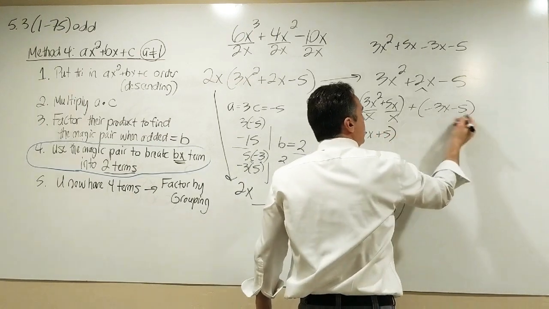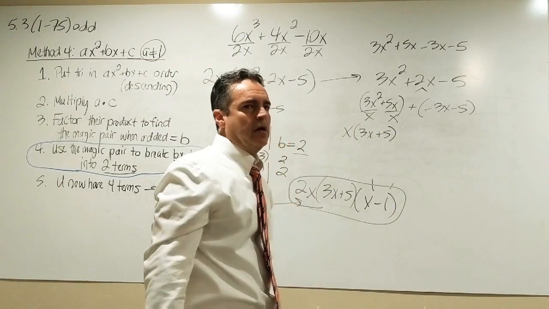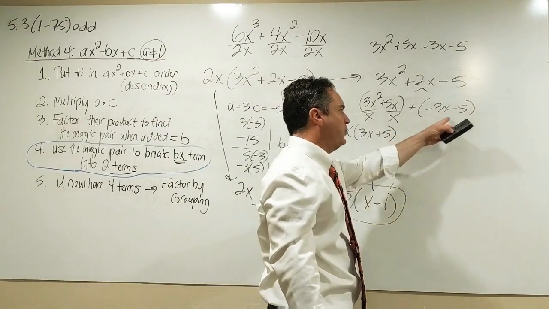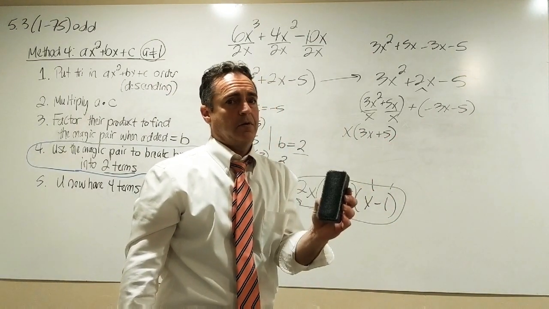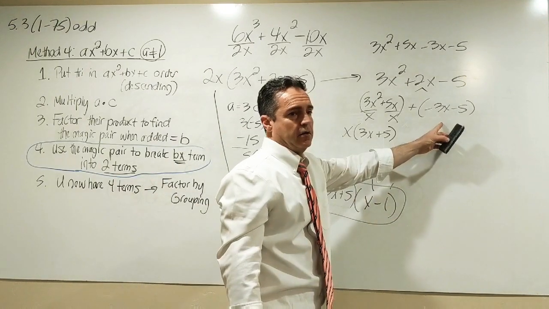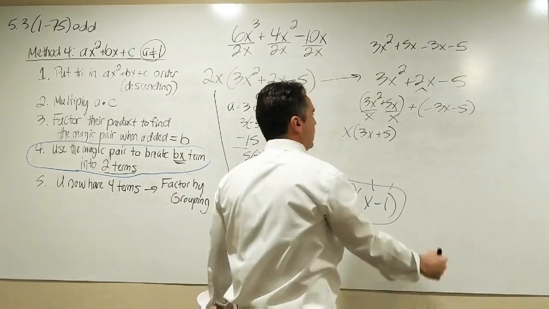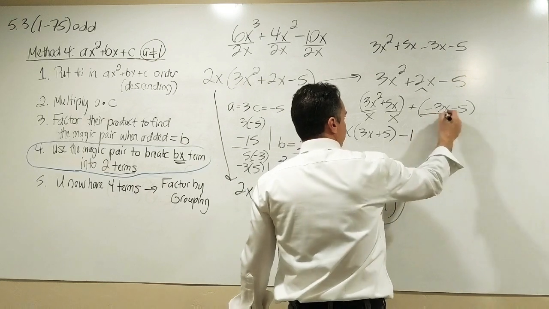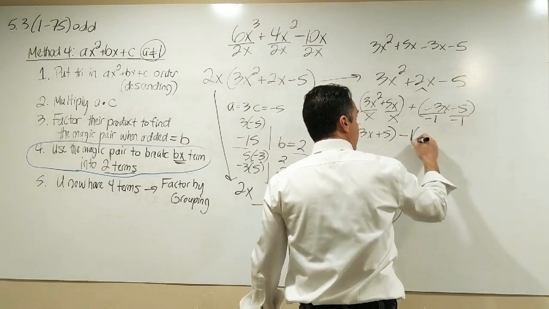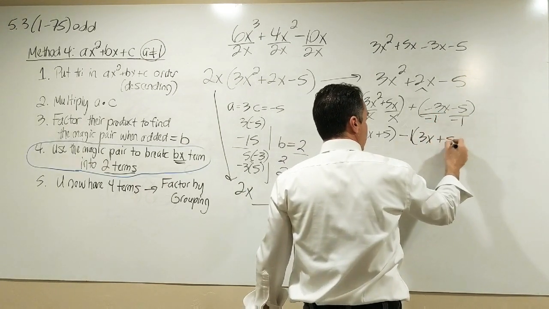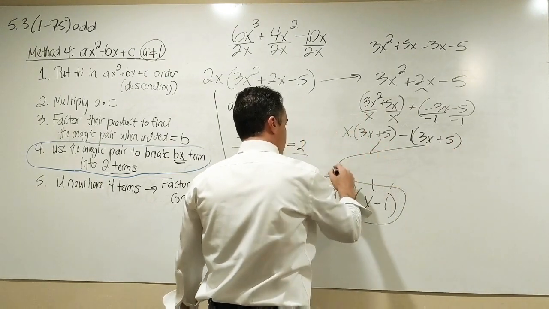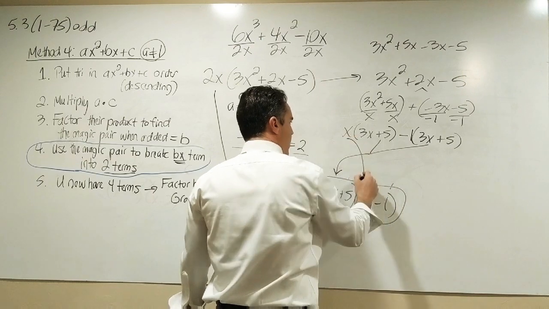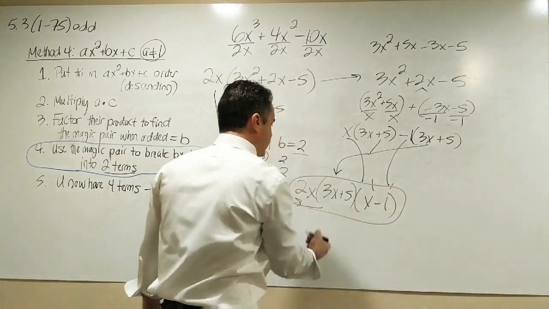My common factor here, I need this parentheses and this parentheses to be the same. They are really close, but I got to factor out a negative. So I got to factor out a -1, so I put this over -1, I put this over -1, and I get 3x plus 5. Now my common parentheses is going to be 3x plus 5. The leftovers are x and -1, and I get the exact same answer.